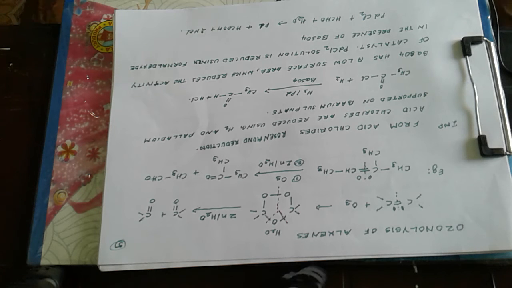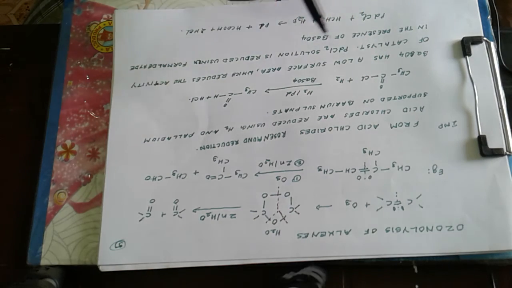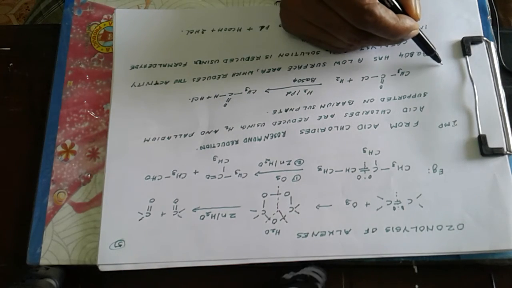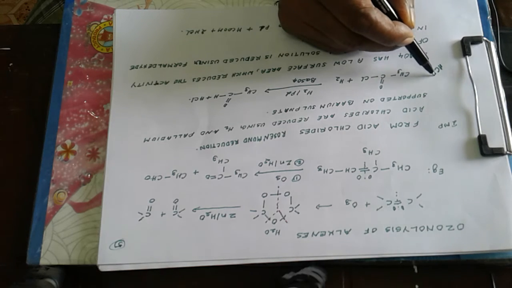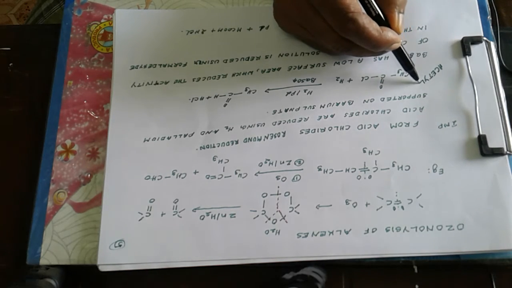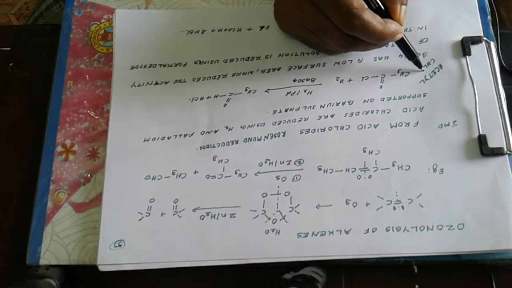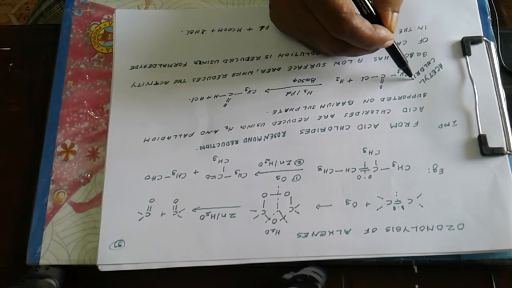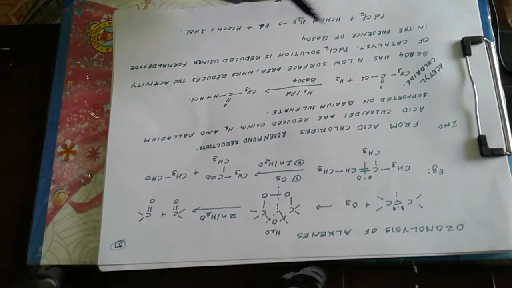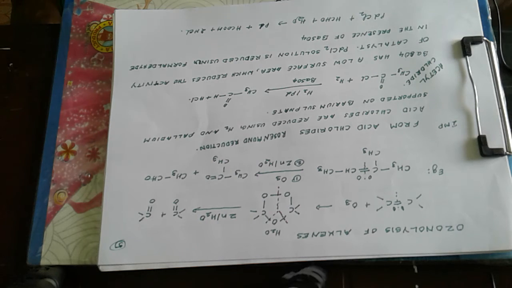You treat an acid with PCl5, the OH group in COOH will be replaced by a chlorine and we get acid chloride. CH3COCl, called acetyl chloride, is an example for acid chloride. It is reduced using hydrogen and palladium supported on barium sulfate.